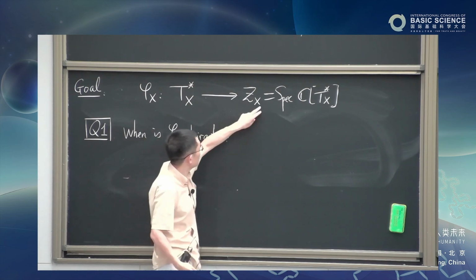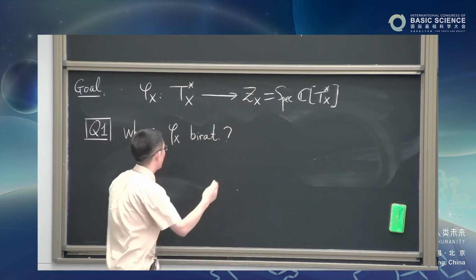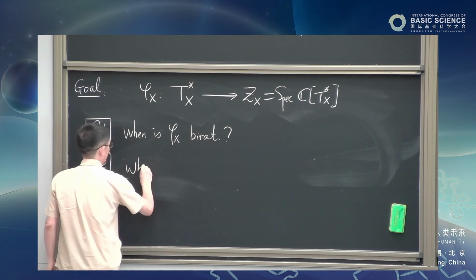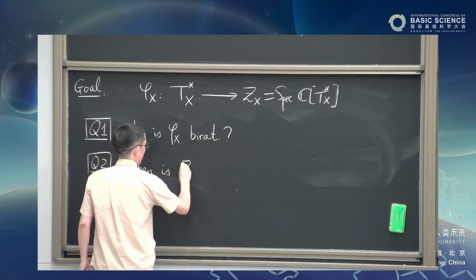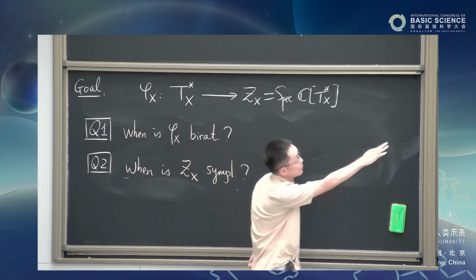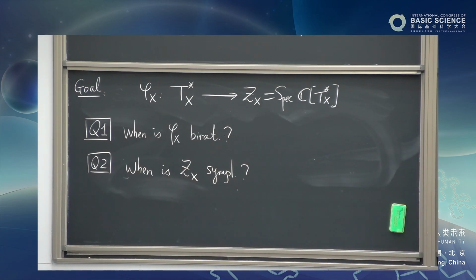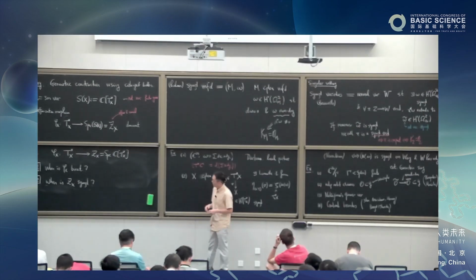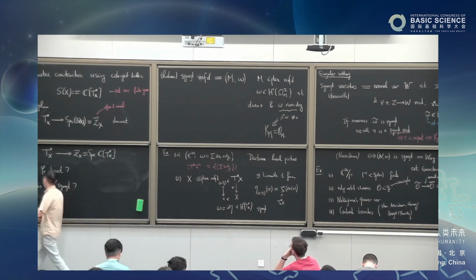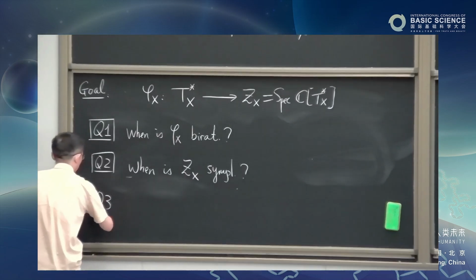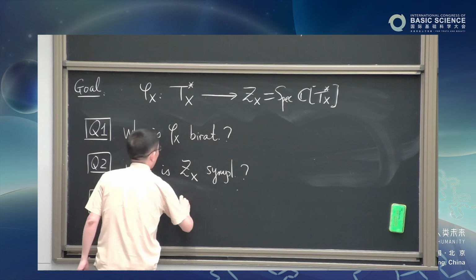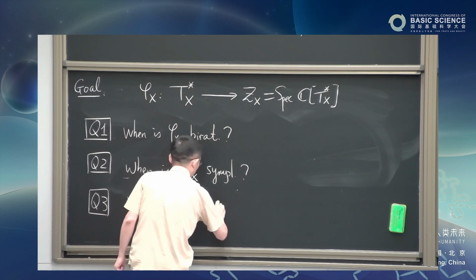If this has a symplectic form, then you may ask the second question: is Z_X symplectic, in the sense of Beauville? Once you have a symplectic form on the smooth part, you may ask whether it has only symplectic singularities. And the third one is related to this: is phi_X itself a symplectic resolution?